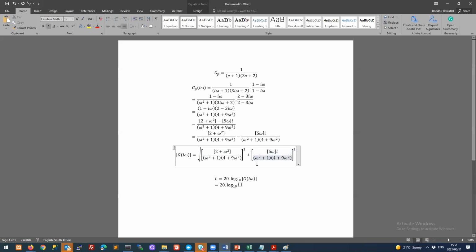And of course, the denominators are the same. Yeah, in fact, I should have just stuck with this here. It's going to be much easier to work with this one.